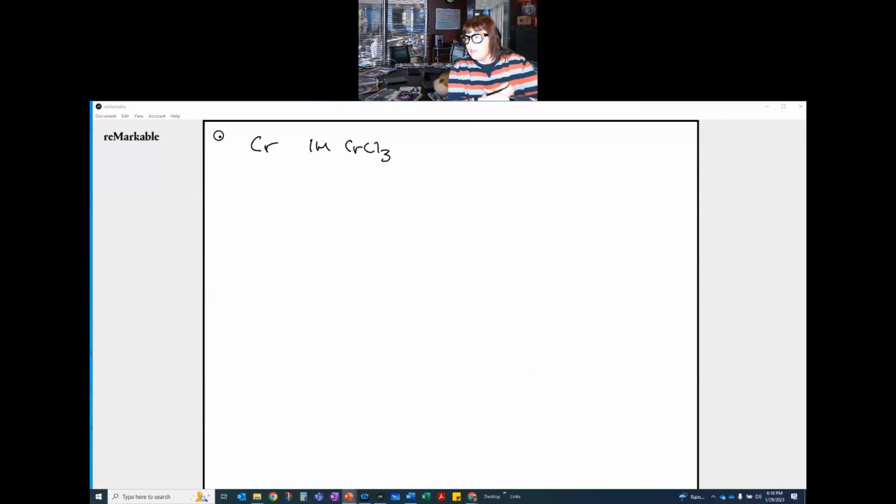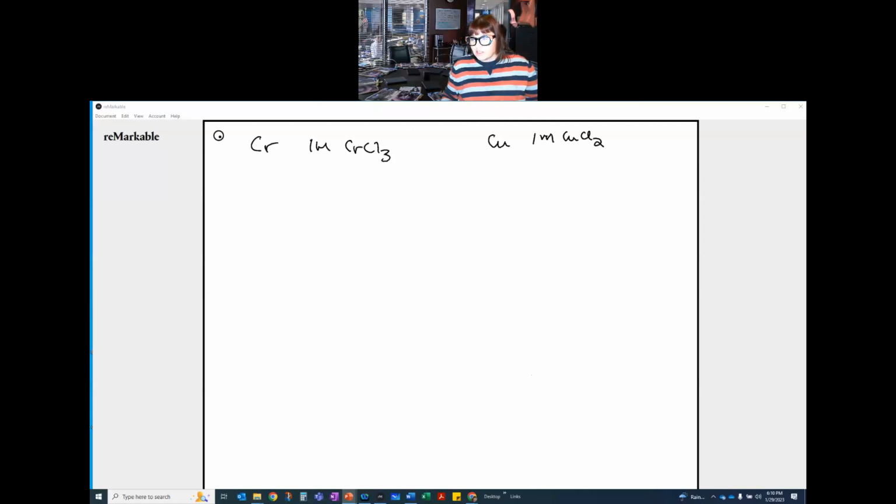I know it's a 3+ ion, so I know it's chromium chloride. Connected to copper wire, 1 molar copper chloride, CuCl2. I happen to know that that's a 2+. Assume chromium is the anode.